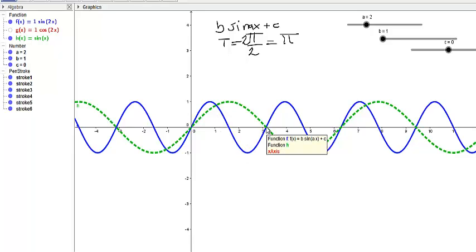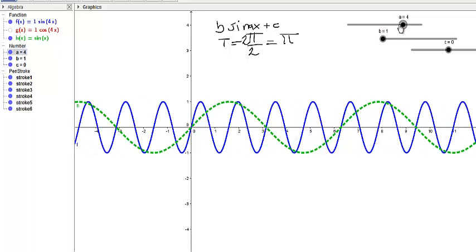And this becomes sine 2x. And if we say sine 4x, the period is 2 pi over 4, which is pi over 2. In pi over 2 units, it's going to move from here to here. Okay, a is going to affect the period.